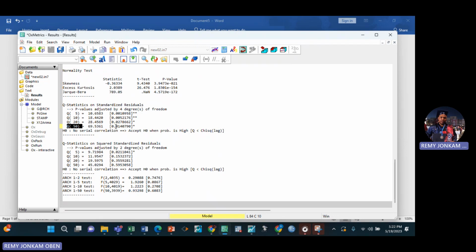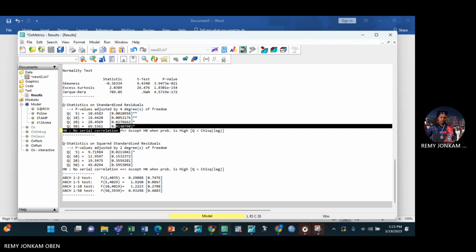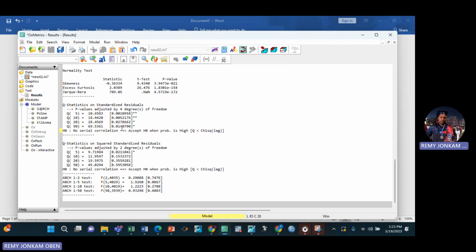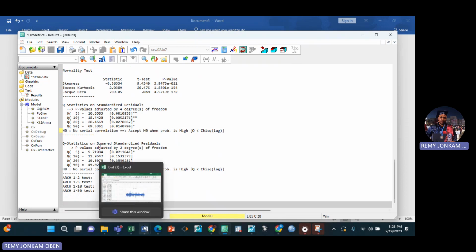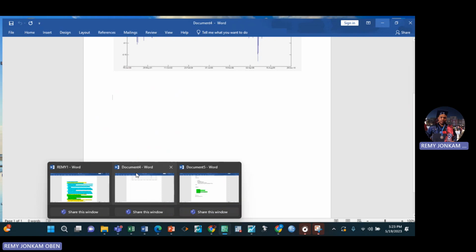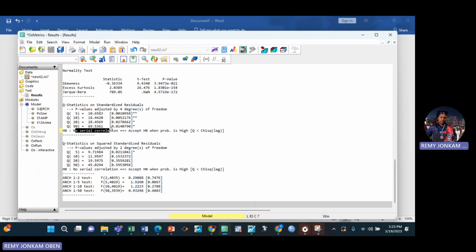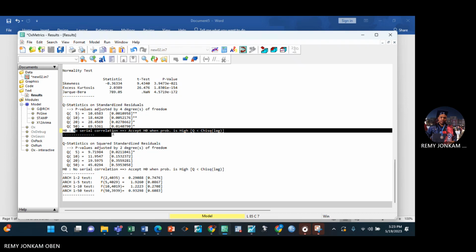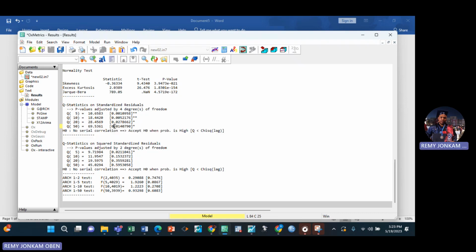So here you see this probability value 0.01 is less than 5%, right? That's 1%. Since it's less than 5%, what's the null hypothesis? The null hypothesis is that there is no serial correlation. So since this probability value is less than 5%, it means you reject this null and you accept the alternative, which says there is serial correlation. So we still have the serial correlation. It has not solved it.